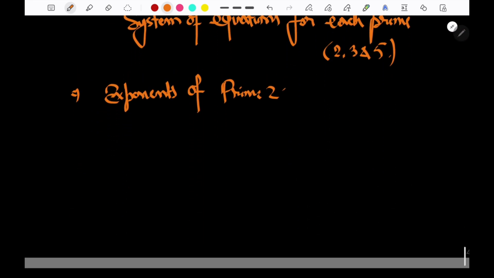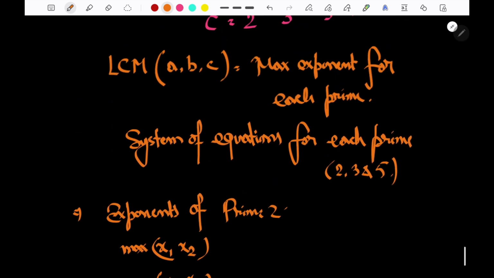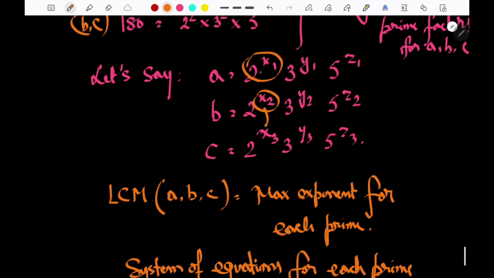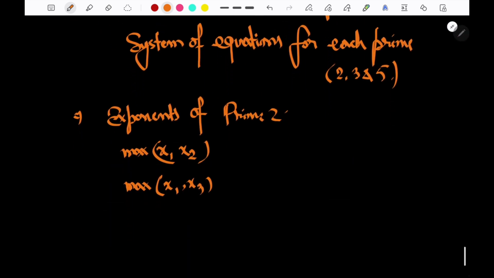So the system of exponents for prime 2 will be: first, maximum of x1, x2. Then maximum of A, C, that is x1, x3. Why? I am talking only of the exponent of prime 2. And last is maximum of x2, x3. How would we take the choices?